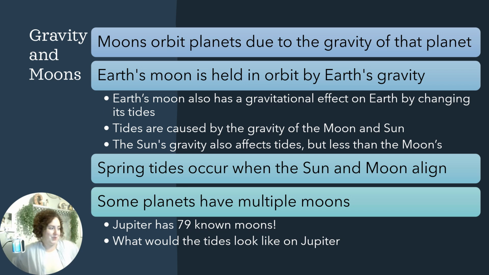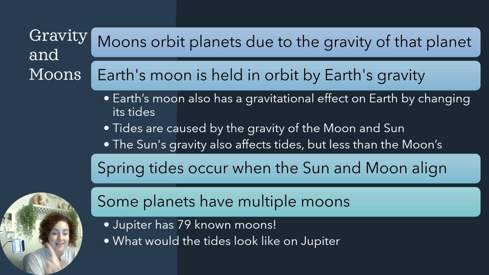So gravity and moons. We would not have moons without gravity, or a moon. Well, in our case right now, 2024, we have moons, but the moons orbiting planets is because of the gravitational pull of the planet as well as the gravitational pull of the sun. Our moon is much, much closer. So remember, the shorter the distance, the stronger the gravitational pull.